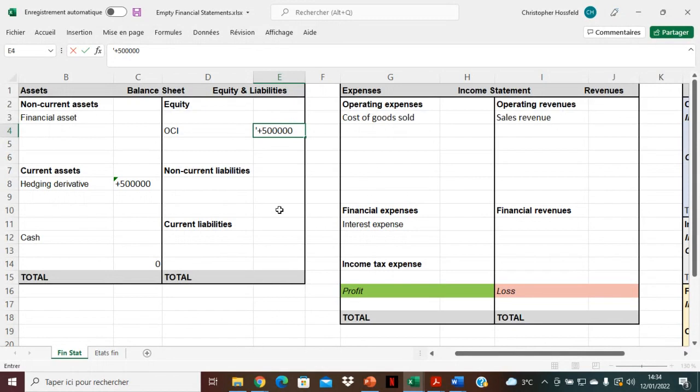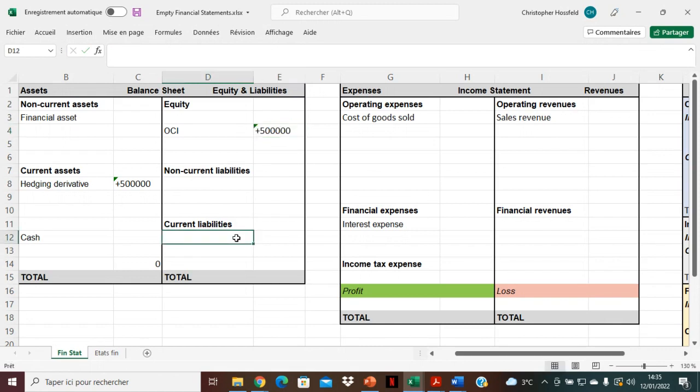Hypothetically, what would be the case if, because here my hedging derivative has a positive value because the dollar appreciated against the euro, but if against my forecast the dollar had depreciated against the euro, actually my derivative would be a bad contract for me. So imagine that at the end of the year, I would lose, let's say, 300,000 because of my derivative. What would be my accounting entry in this case?